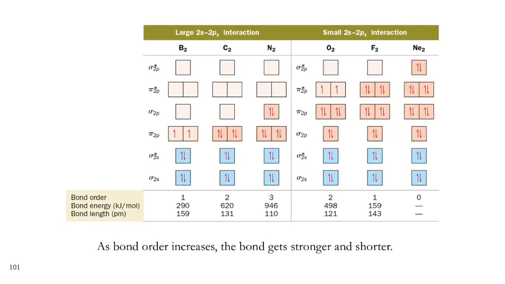Okay, so there's more interaction between the 2s and the 2px orbitals for boron, carbon, and nitrogen. There's less interaction here. This is more typical, this is kind of unusual, and so we think of this as the exception. So we're going to look at all 6 of these homonuclear diatomic molecules.